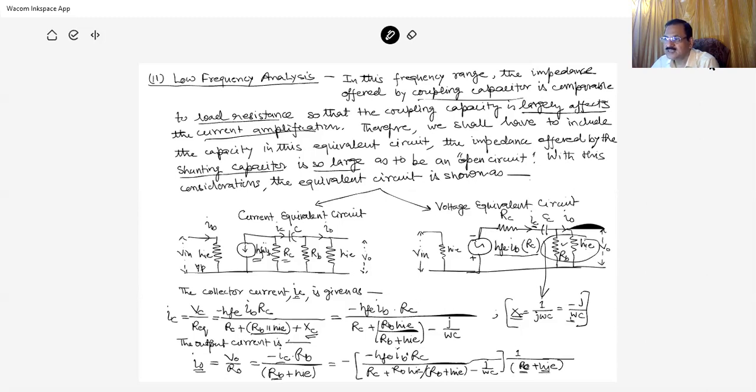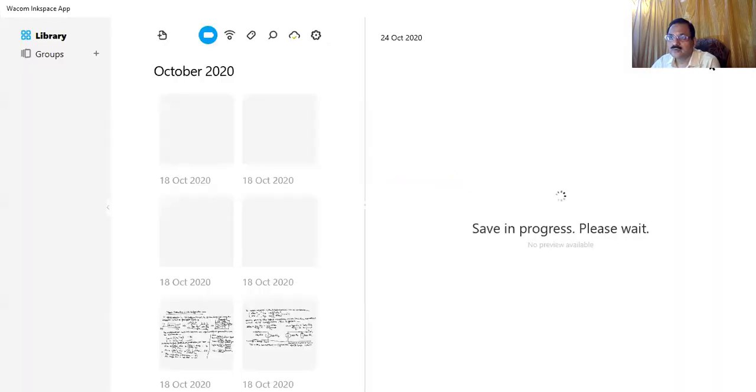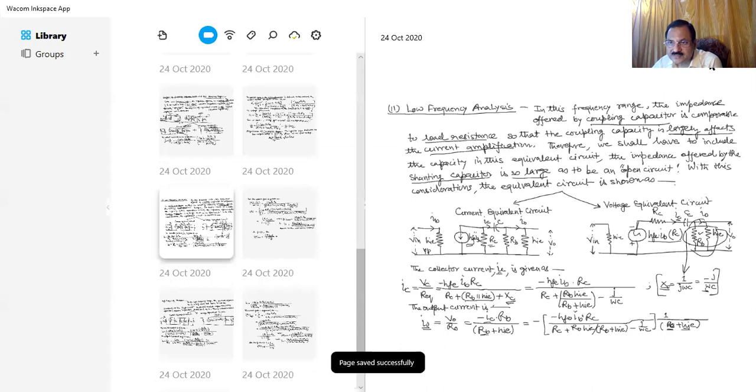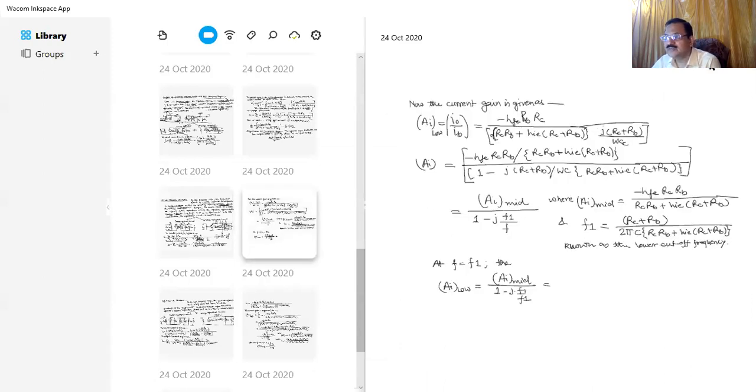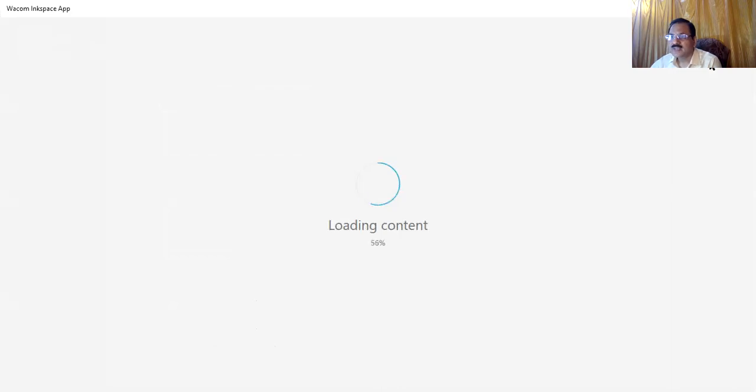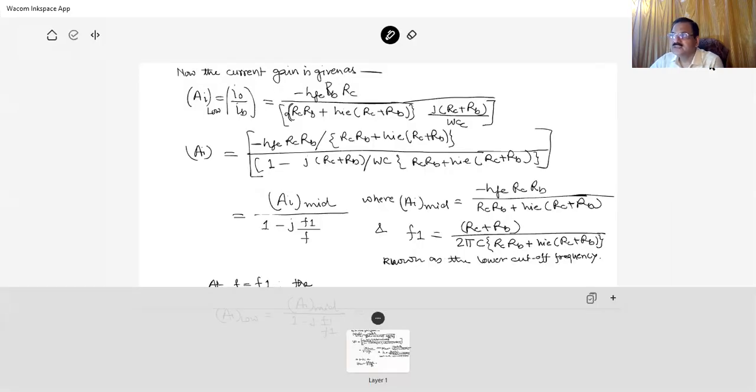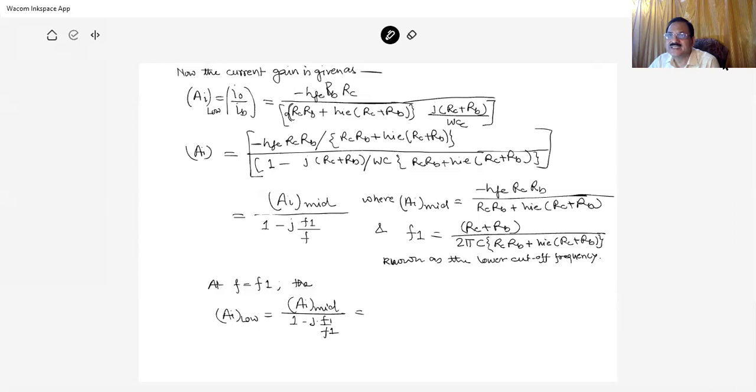These are the resistance of this circuit. This part of the circuit is the output of this current. So this is the low frequency. Now the gain at this low frequency is given as this part.